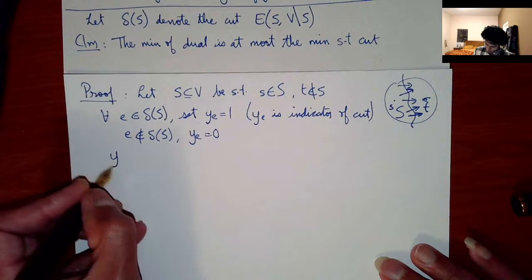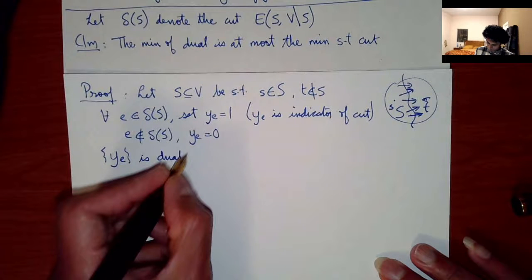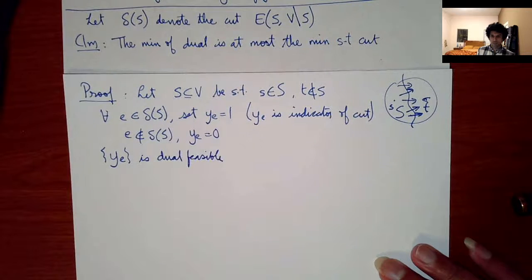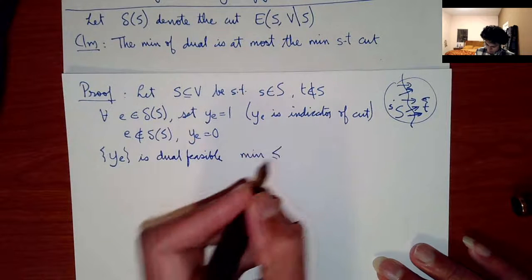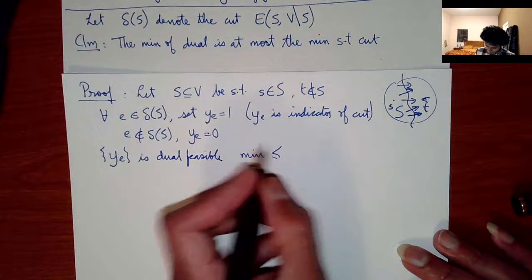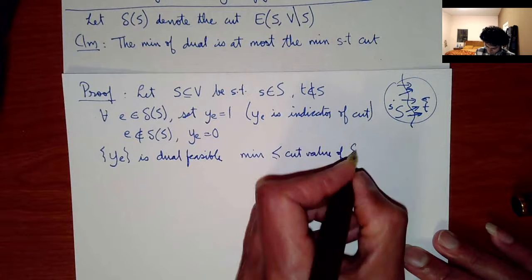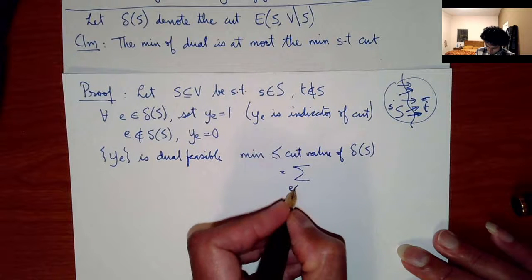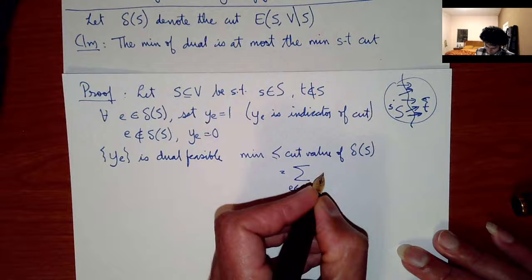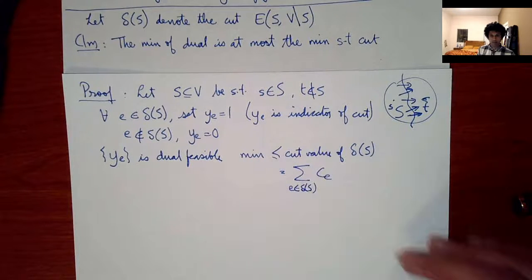Now y is dual feasible. And so the min is at most the cut value of delta S, which is basically just the sum of all edges in this cut of c_e, the capacity.